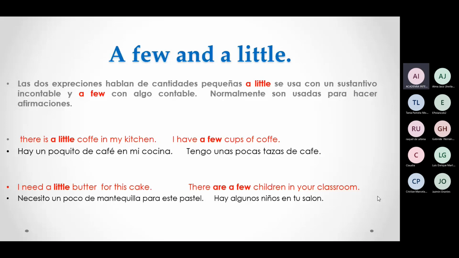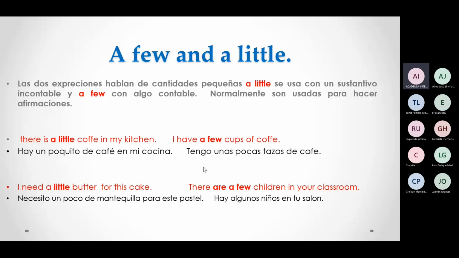Yeah, thank you. Now, why are we using a few in this sentence and not a little? Why are we using this word, a few, in this sentence? ¿Por qué estamos utilizando a few in this sentence? Está hablando de niños que pueden ser contados.